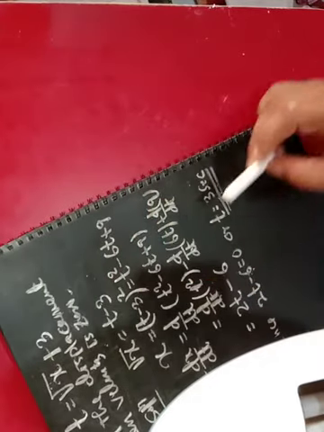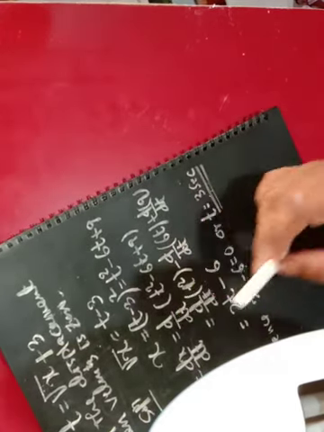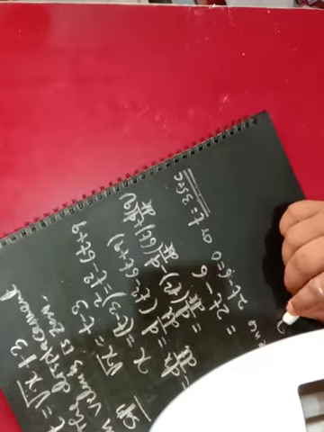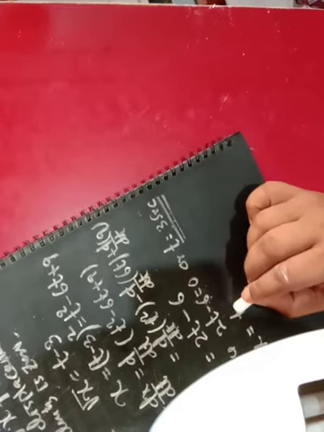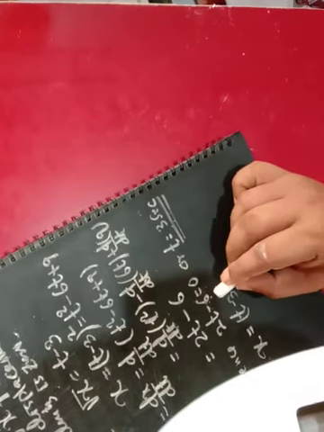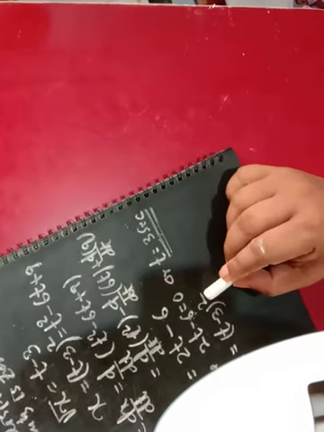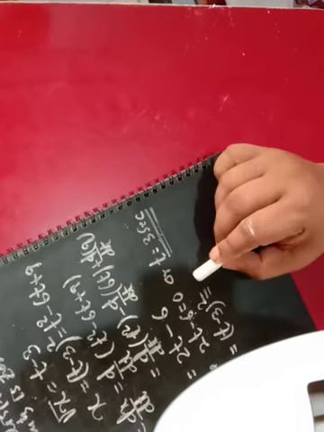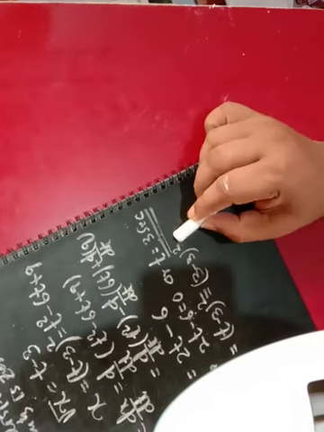Put it in the equation. From the above equation you can get the value; you can put it here also, no problem. So displacement x equal to (t minus 3) square, which is (3 minus 3) square, equal to 0.